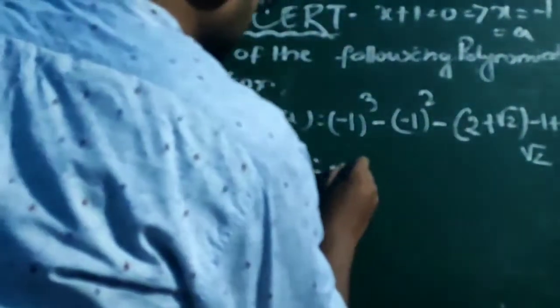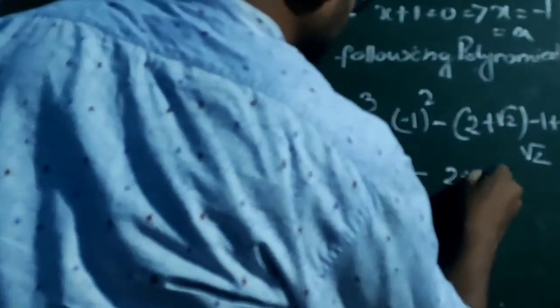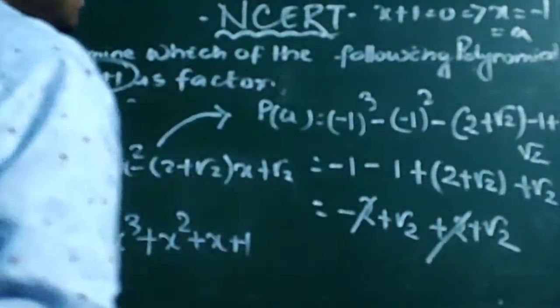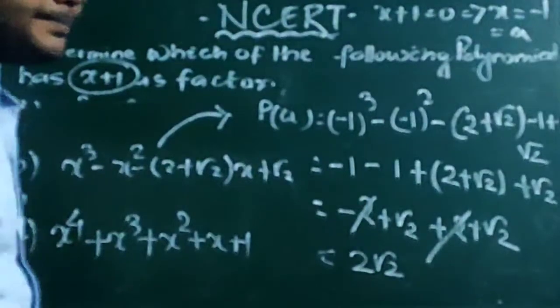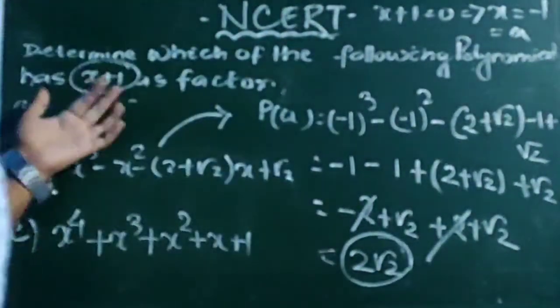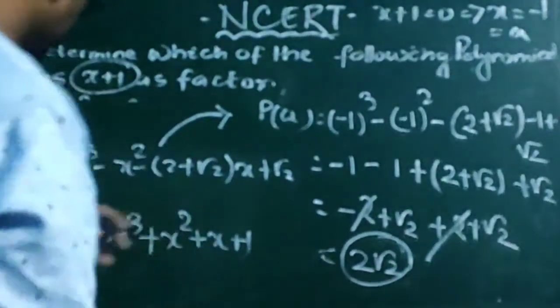So this minus 1 minus 1 minus 2 plus root 2 plus 2 plus root 2, and this will be 2 root 2. So here p(a) is equal to 2 root 2, hence x plus 1 is not a factor of this polynomial.